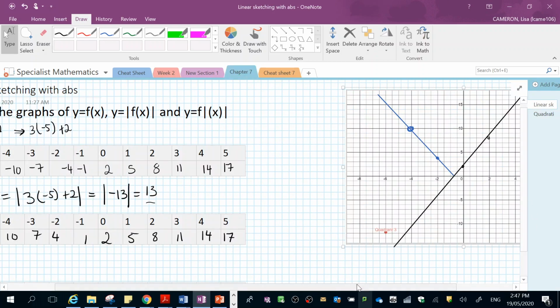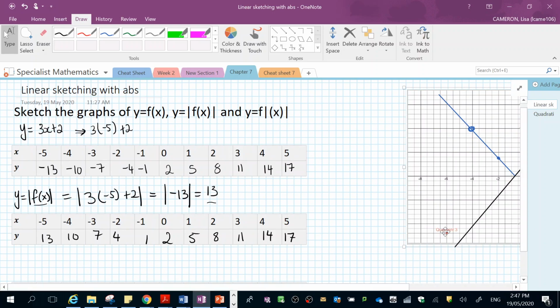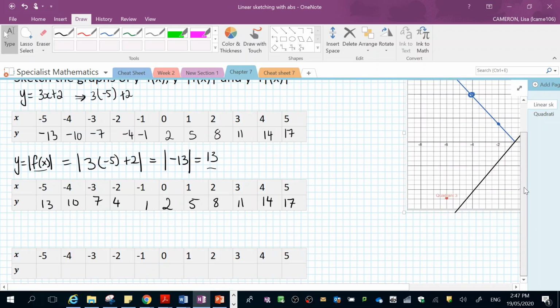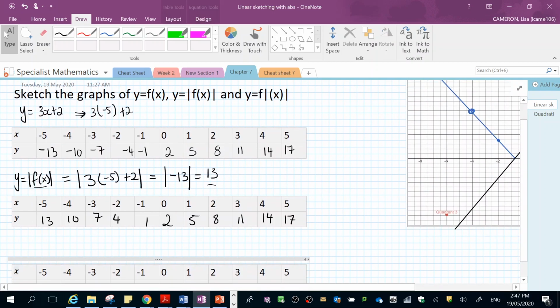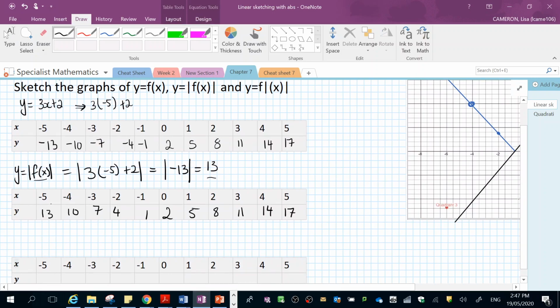Okay, now we're going to look at the last case we have. So, again, we're going to fill in our table of values. So, y, oh, better change that back to black. Okay, so now we're going to look at y equals f of the absolute value of x. So if x is a negative, we're going to ignore it now.